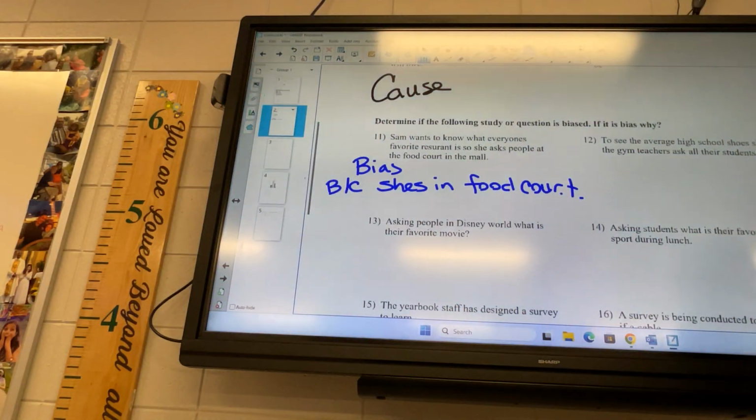Number 13. Asking people at Disney World what is their favorite movie. Biased, why? You're probably going to like Disney movies if you go to Disney. For those of you that have not been, Disney is very different than Universal. Universal has all kinds of movies. Disney is straight up Disney and Pixar movies.